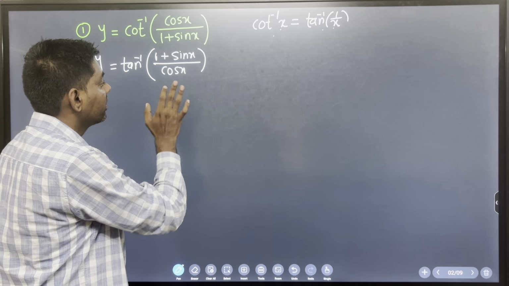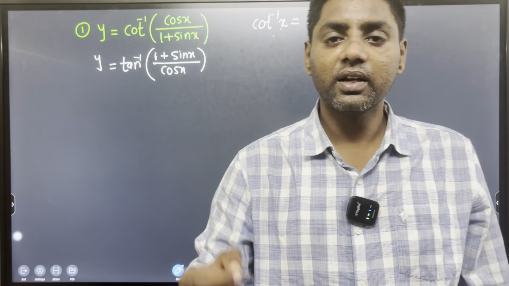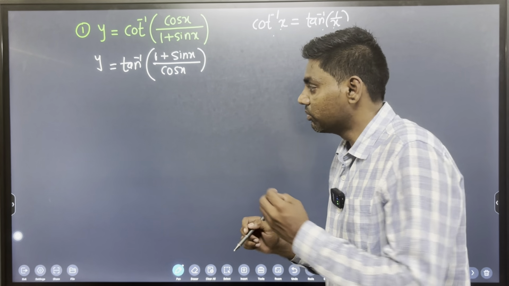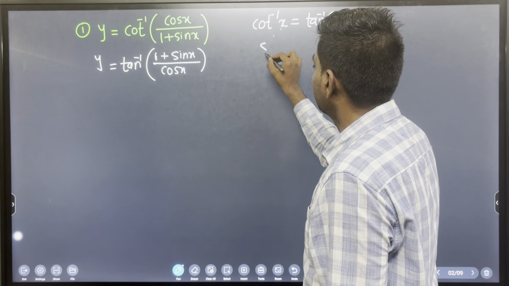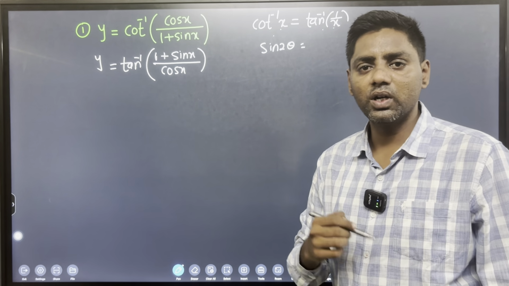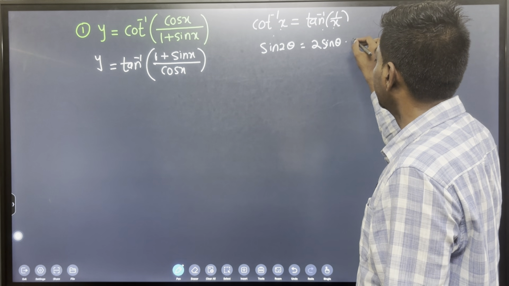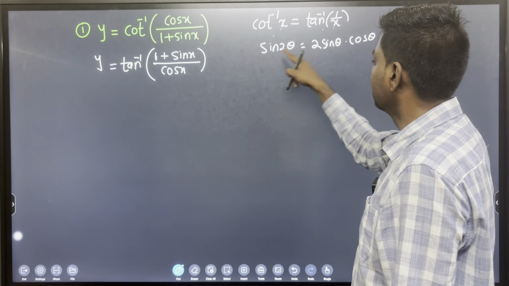After that, an interesting observation: you require the multiple angle formula. The multiple angle formula for sine of 2 theta is very simple, everyone knows it: 2 sine theta into cos theta.